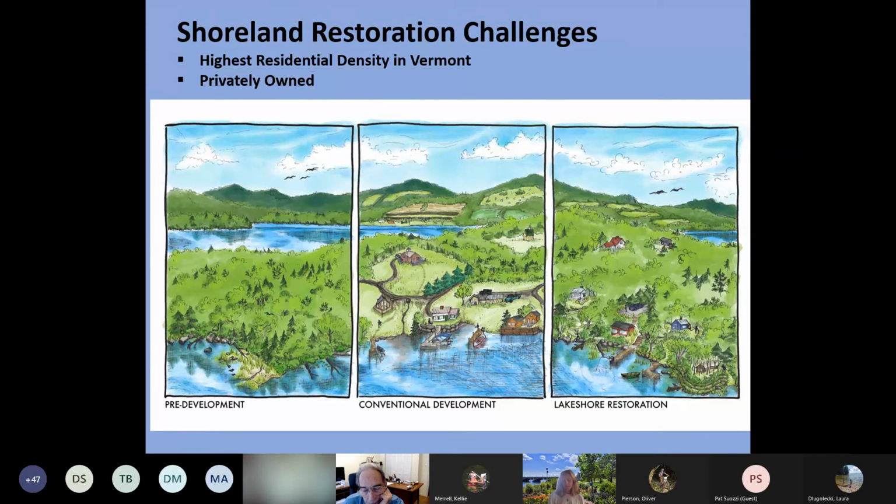How do we go from this high residential density to restoring our shorelands so they're not polluting and degrading our lake ecosystems? Adding to the challenge is that about 85% of Vermont is owned privately, and more than 85% is owned privately along our shorelands.